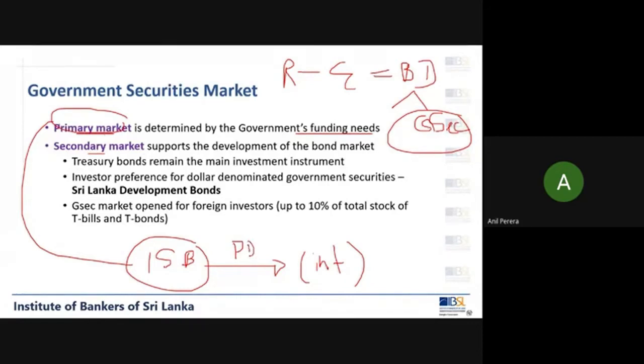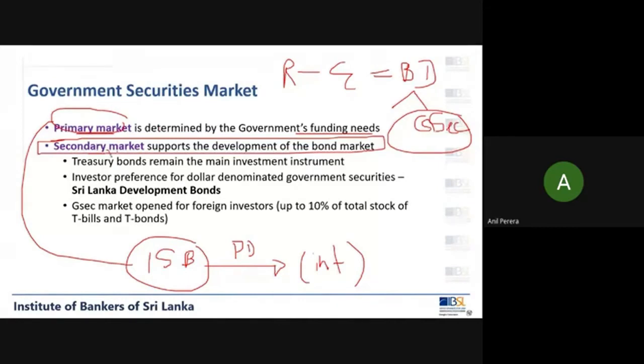Okay. And the secondary market is very important because that determines the tradability of government securities. Now, as I said, the primary dealers first buy government securities from the primary auction, that is through the central bank auction, and after that they sell them to the investors.